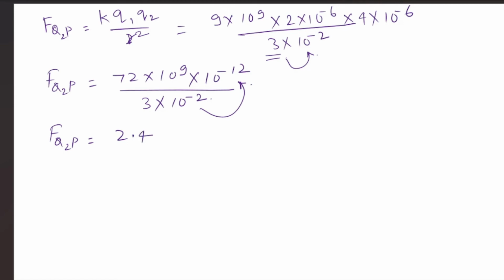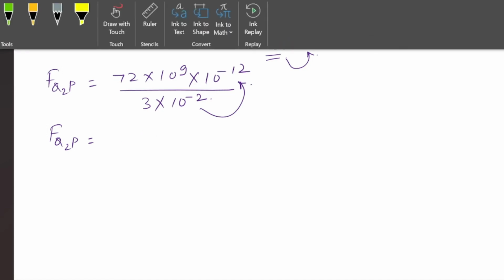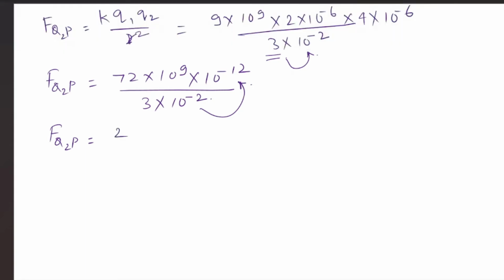No, not 2.4. I'm doing something wrong here. We will not get 2.4. We should get 3 2s are 6, then 3 7s are 21, and 3 3s are 9, so 3333.